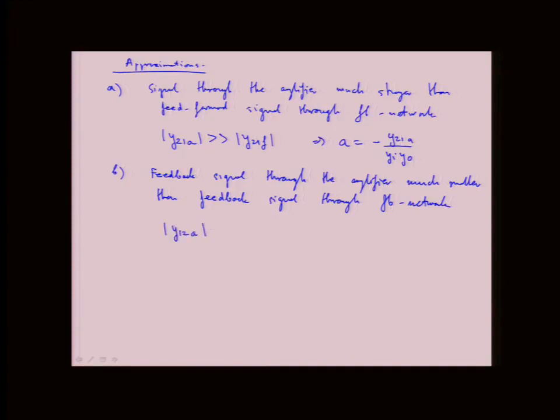So Y12A, that was the reverse direction through the amplifier, is much smaller than Y12F. Again, what this means is that our F is really going to be just Y12F.